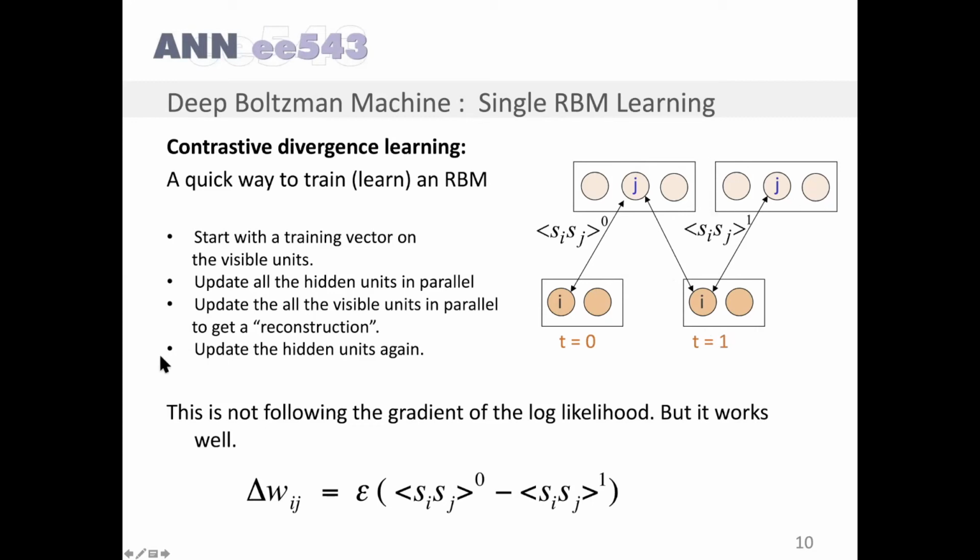We update the hidden units again. So we have iteration 0 and then iteration 1. This is not following the gradient of the log likelihood, but it works well. It updates the weights Wij by considering the learning rate epsilon multiplied by the expected value of SiSj at step 0 minus the expected value of SiSj at step 1, instead of using a fantasy at iteration infinity. We are considering the expected value at step 1.